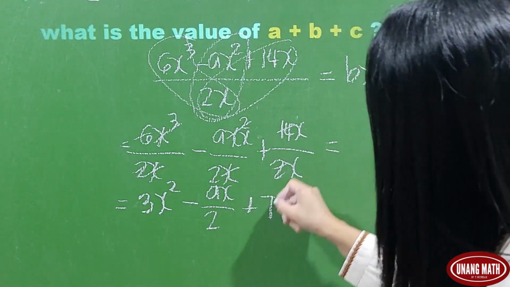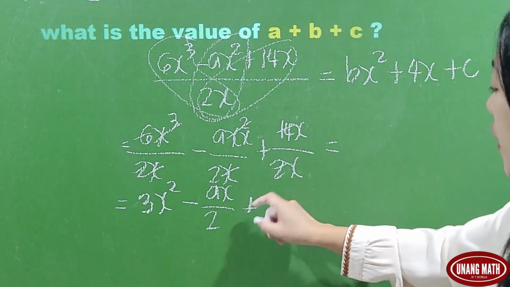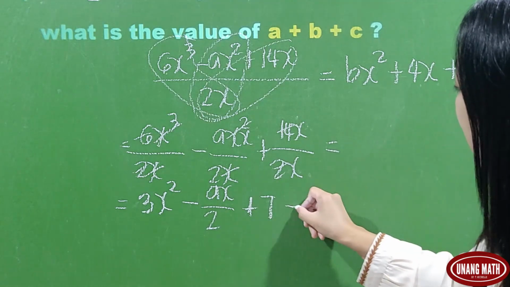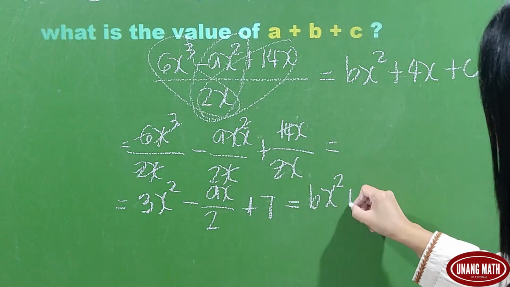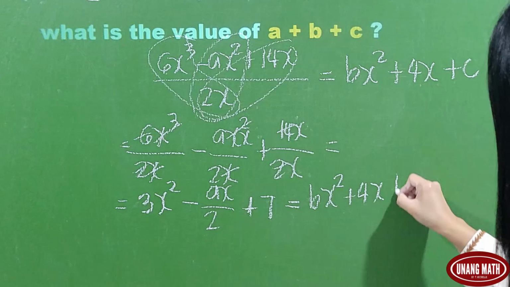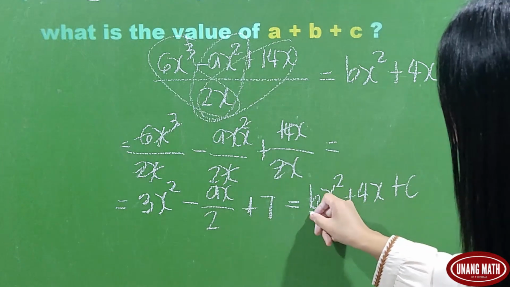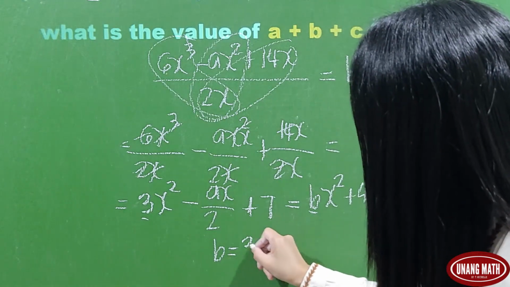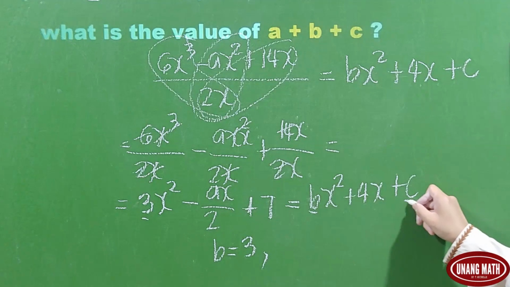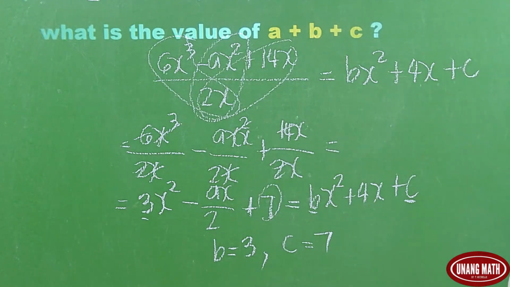So plus 7, and then x divided by x is 1. So it's okay not to write 1. So we have here plus 7. And this is equal to bx squared plus 4x plus c. So it means b is 3. Okay, b is equal to 3 and c is 7. So c is equal to 7.